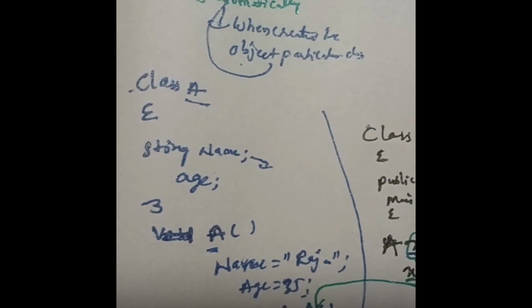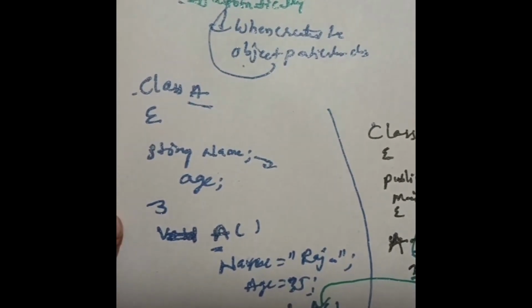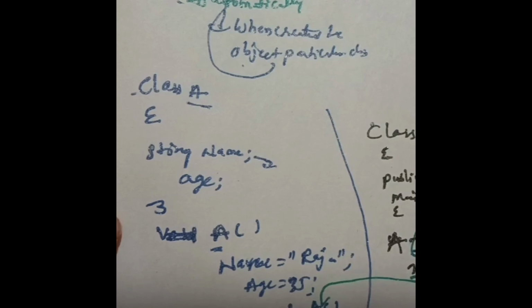Inside the method two statements are there. Hello I am plus name; already in the name variable we stored Raju.